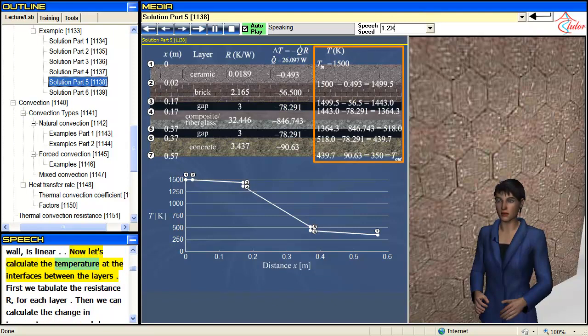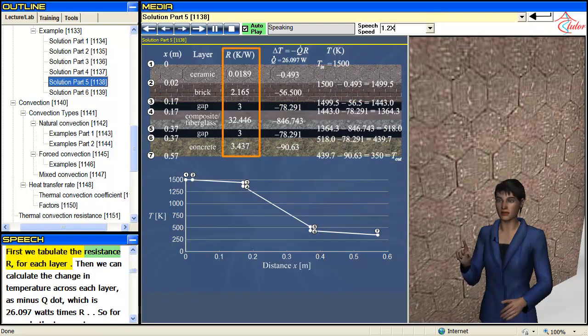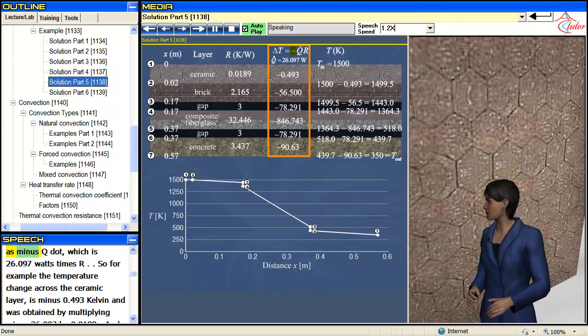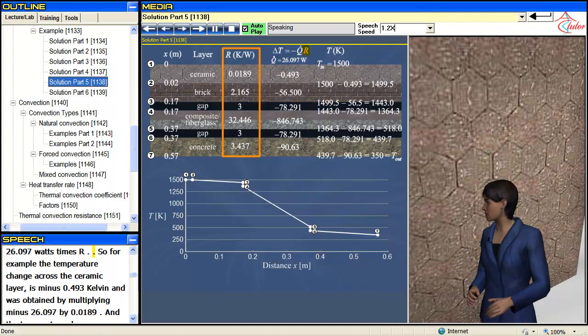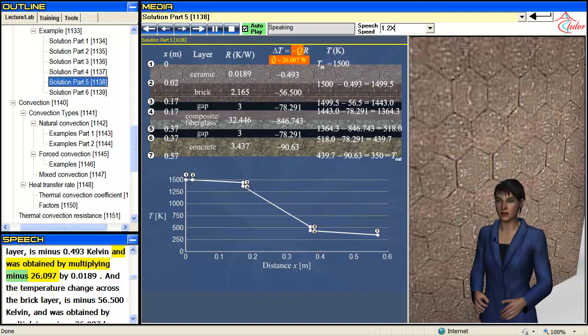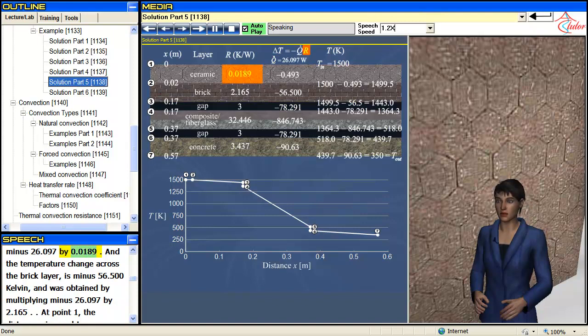Now let's calculate the temperature at the interfaces between the layers. First we tabulate the resistance R for each layer. Then we can calculate the change in temperature across each layer as minus Q dot, which is 26.097 watts, times R. So for example, the temperature change across the ceramic layer is minus 0.493 Kelvin, and was obtained by multiplying minus 26.097 by 0.0189.